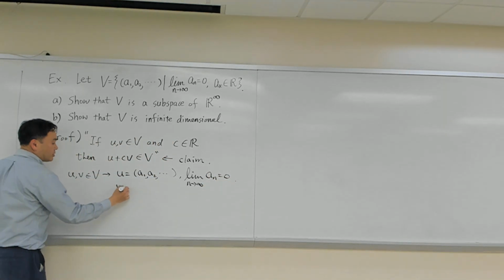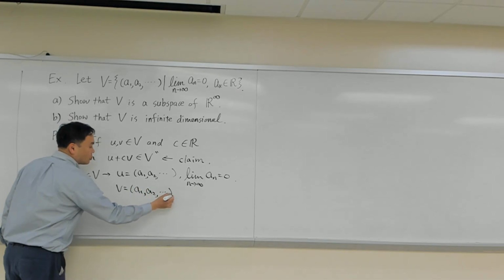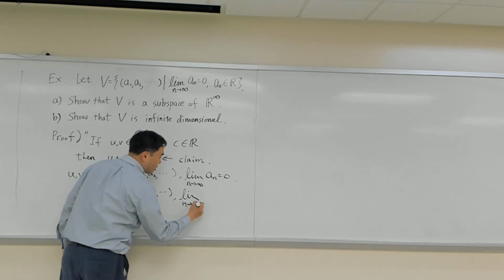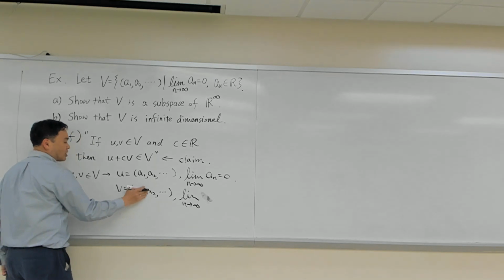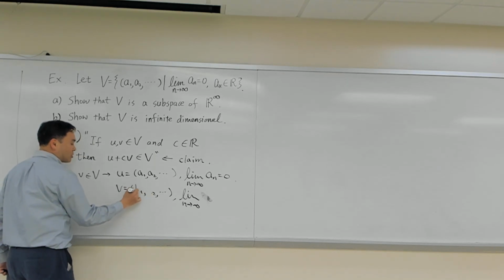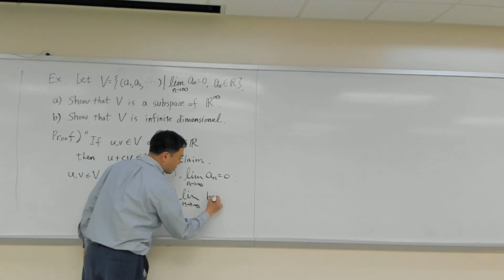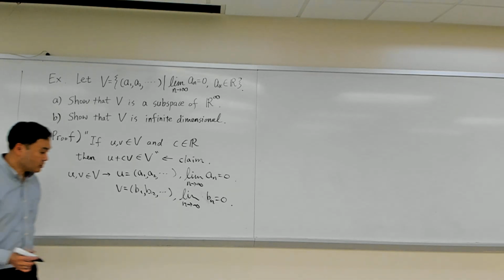And V is B1, B2, with limit as n goes to infinity of Bn equal to 0. Sorry, I can't use the same A. I should be writing B1, B2. And Bn goes to 0. Okay? So that's what it means.